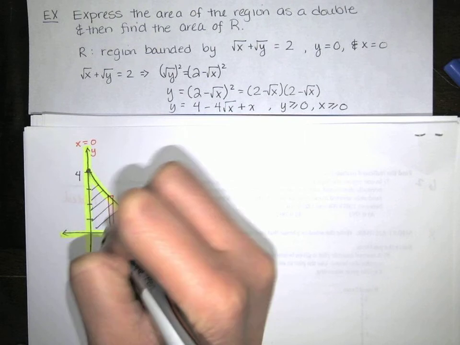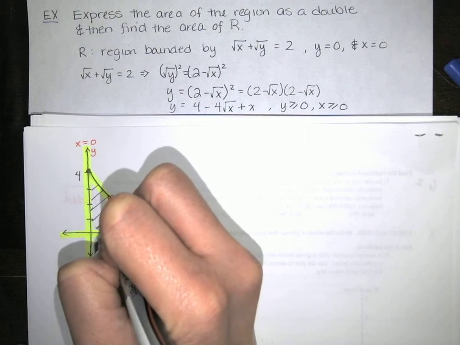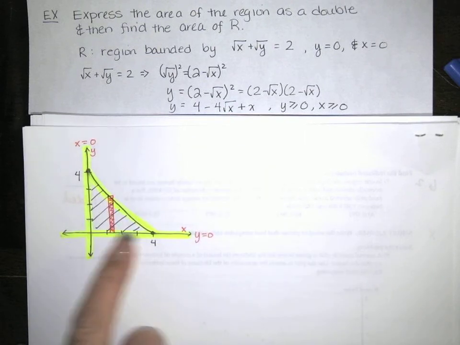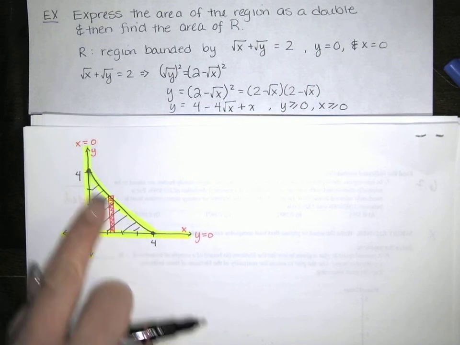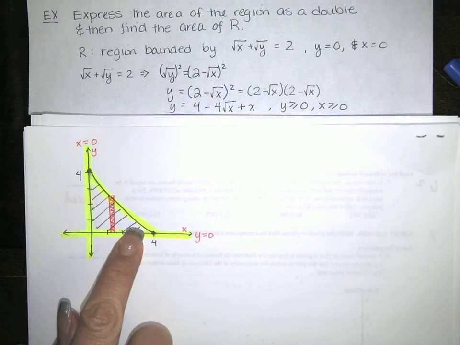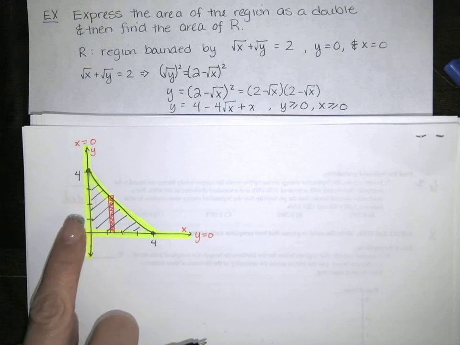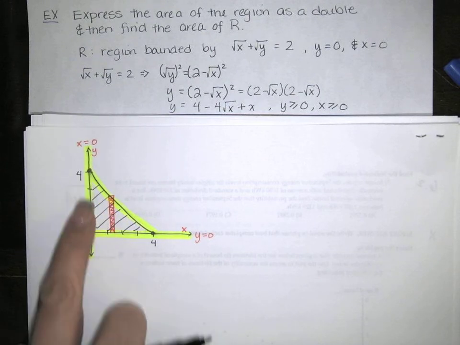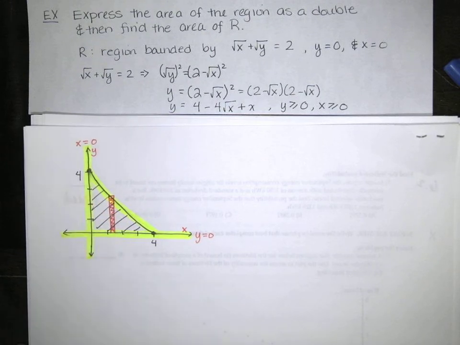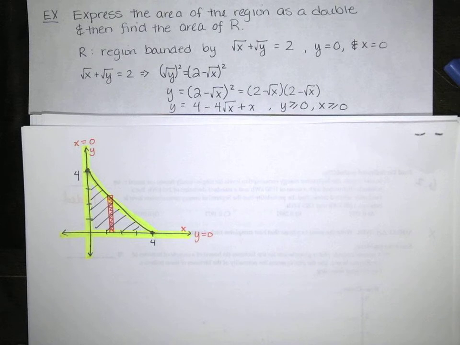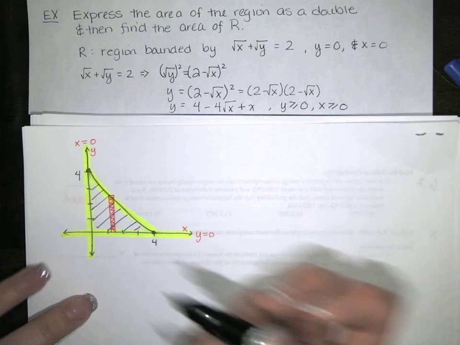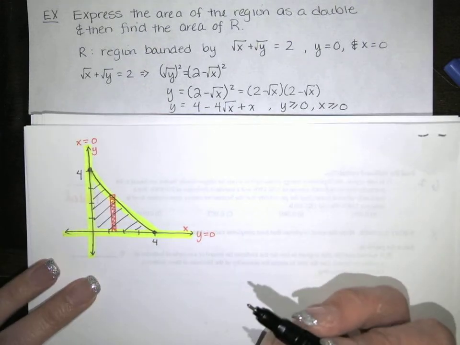If I draw my rectangles vertically, the bottom function is y equals 0, and the top function is y as a function of x along that curve, which is given by this equation. Or if I drew my rectangles the other way, the left function is the same the whole time and the right function is the same the whole time. Since that's the case, either way will work just fine. So let's do it both ways, and then we'll see which integral we want to evaluate.